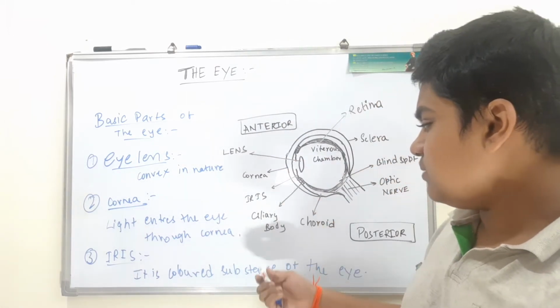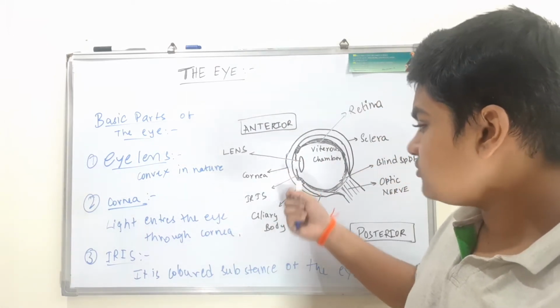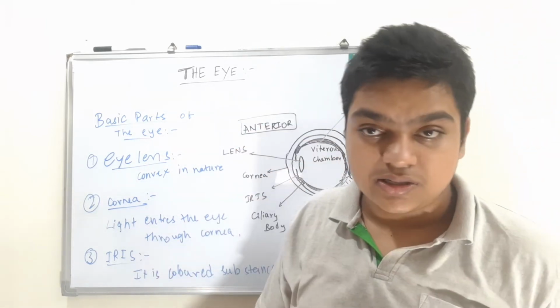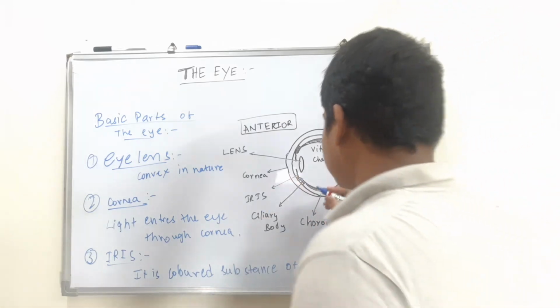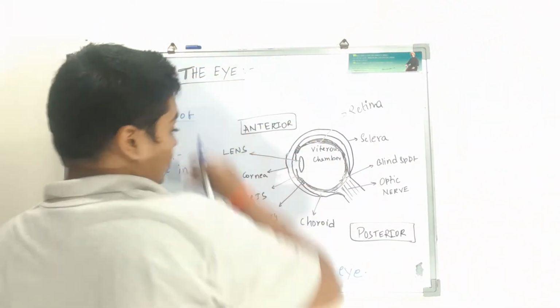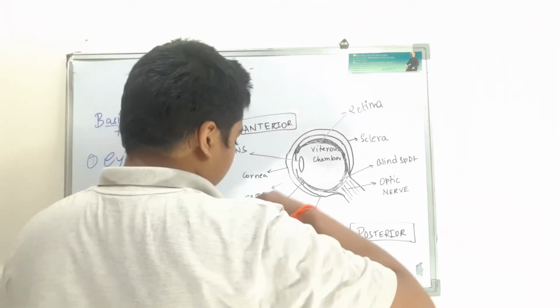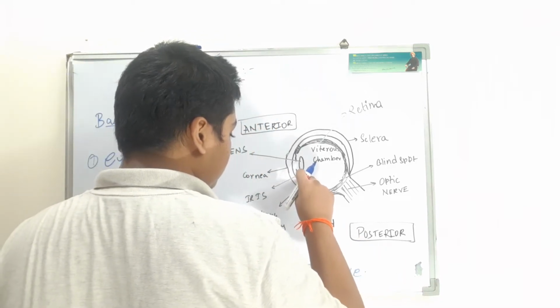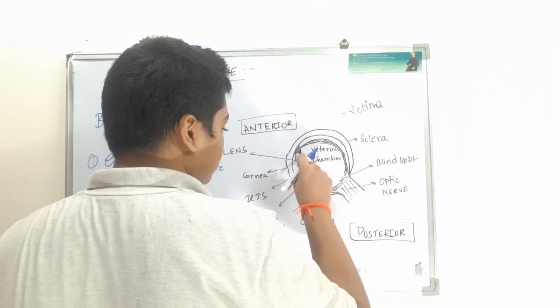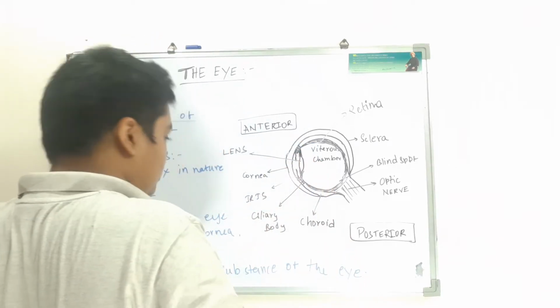These ciliary muscles are attached to the lens and adjust its size. I haven't shown you the ciliary muscles since it is not given in our NCERT, so let me try to draw those ciliary bodies. So these are your ciliary muscles.